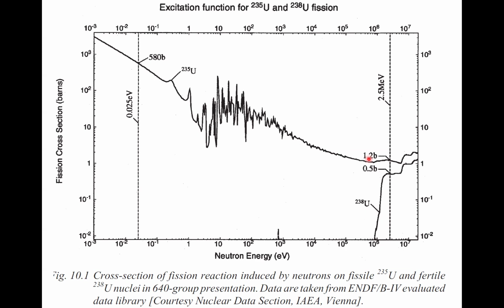In contrast to that, when you look at U-238, in this regime, the reaction cross-section for fission is more or less zero, right? So it is not a fissile material. However, when you have a high energy neutron, the reaction cross-section for U-238 towards fission can be increased.